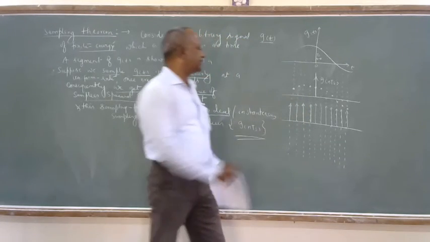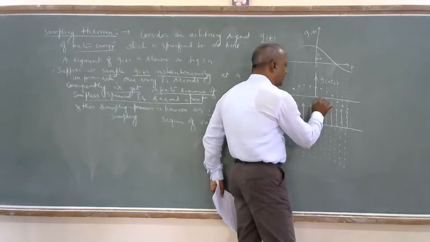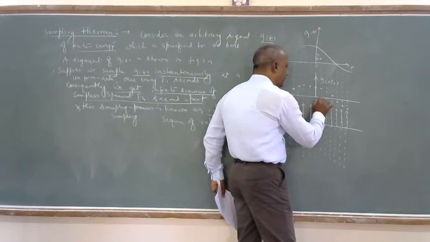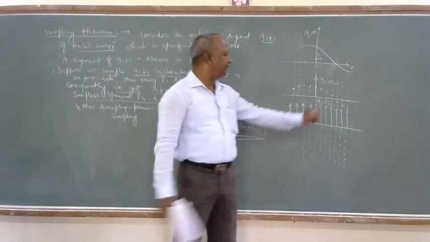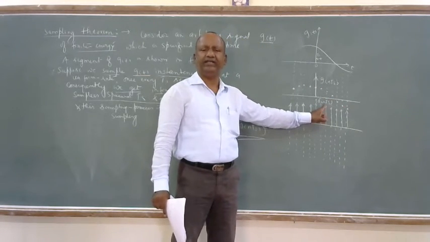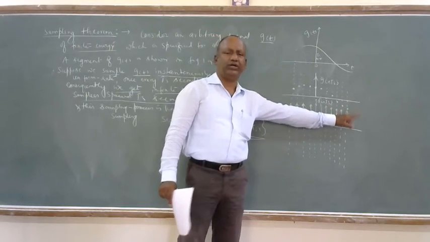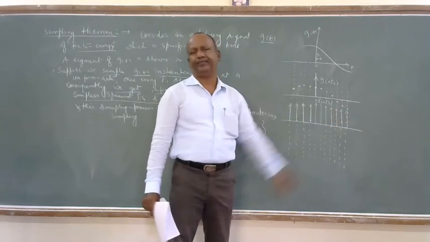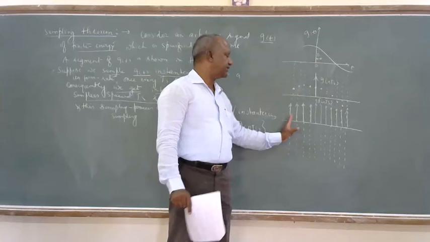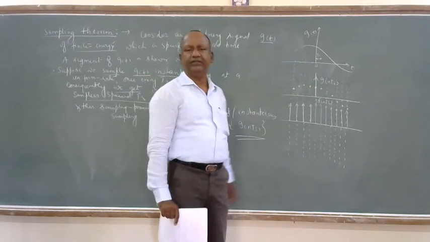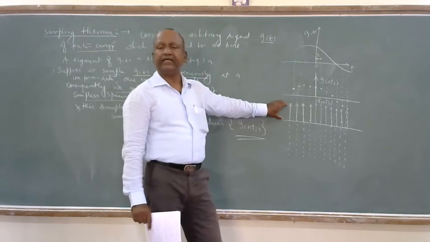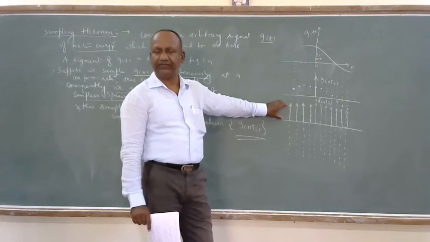These are the delta functions I am using. This is delta of nts. Delta of t is there at t equal to 1ts, 2ts, 3ts, and so on, and on either side minus 1ts, minus 2ts, and so on, because n goes from minus infinity to plus infinity. So I take a sequence of Dirac delta functions.